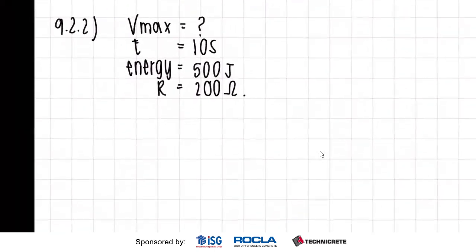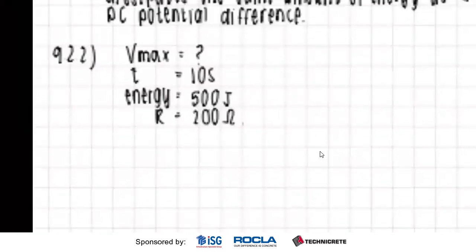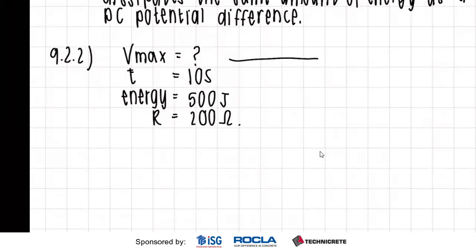Okay, so we want the Vmax. We know that the RMS voltage is equal to the maximum voltage over the square root of 2.